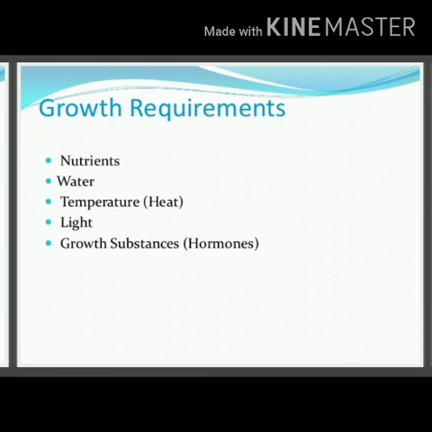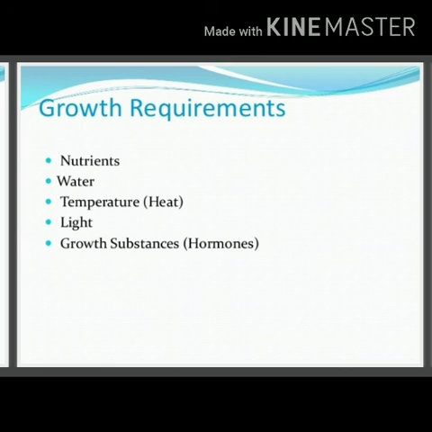For proper growth and development, various factors are responsible. Microelements and macroelements are the nutrients required for proper growth of the plant. Water is an essential component of protoplasm and maintains the turgidity of the cell.